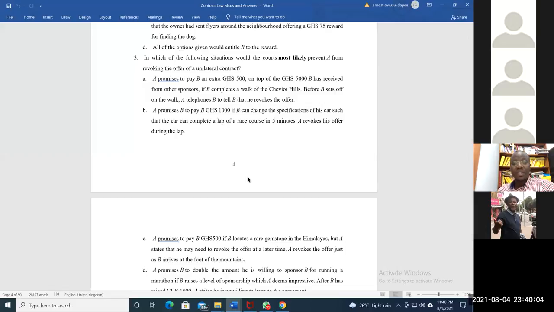I want to make a comment on question 2. Initially I didn't want to make a comment, but somebody brought up this thing, and I want to add. I think she was commenting on the subjective construction of the sentence, and I wanted to point out that, at least in my understanding, whether you construe the completing in the past continuous or in the future continuous, the question is not talking about a unilateral offer, but a unilateral contract.